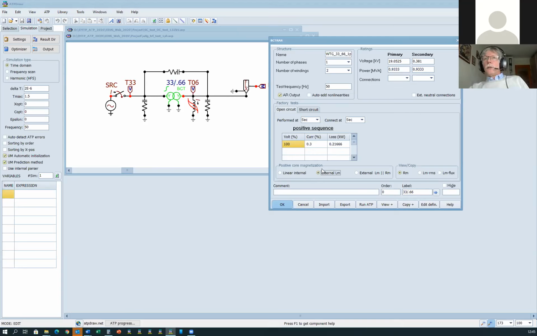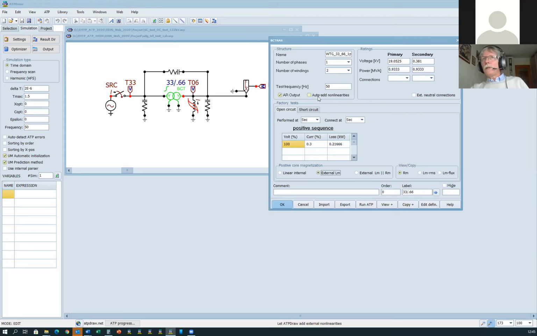So this option is very useful, and at the same time, don't use auto add nonlinearities, because if you choose these two, the program will connect the nonlinear magnetic core to the model internally, so you cannot use this hysteretic inductance.